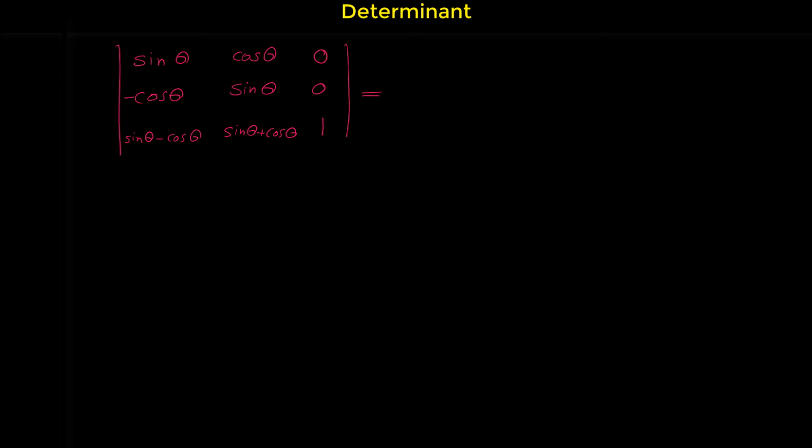We want to find the determinant of this matrix: sine theta, cosine theta, 0; negative cosine theta, sine theta, 0; sine theta minus cosine theta, sine theta plus cosine theta, and the last entry is 1. We want to find this determinant.